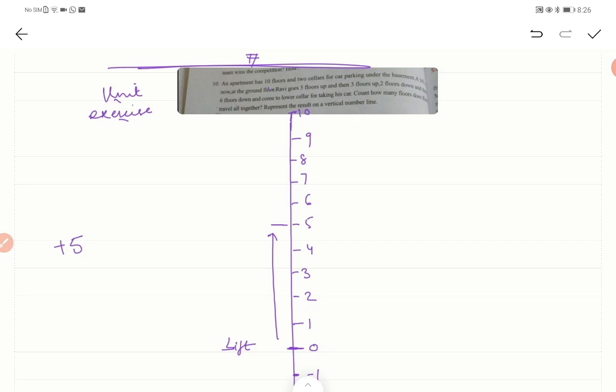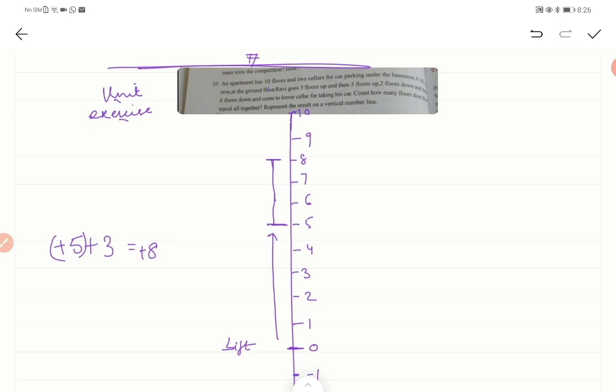Then again 3 floors up. So from 5 he is going 3 floors up: 1, 2, 3. So he has come to the 8th floor. That is 5 plus 3, which is 8. So he has reached the 8th floor now.